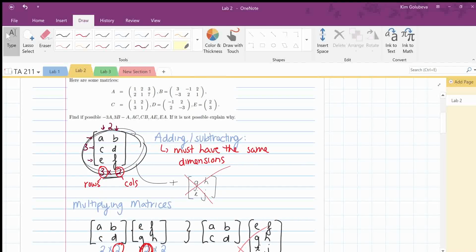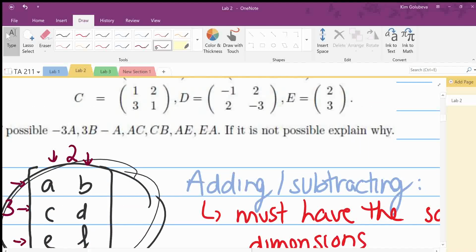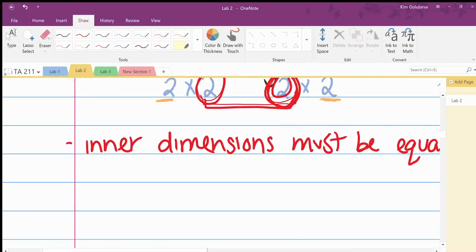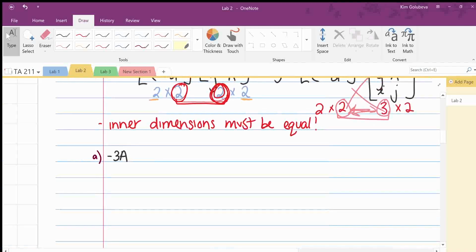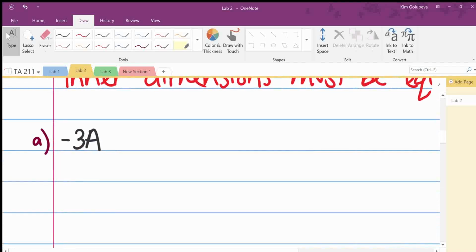The first question has parts we'll call A, B, C, D, E, and F. We'll start on A right now. A is asking us to multiply this matrix A by a scalar, -3.